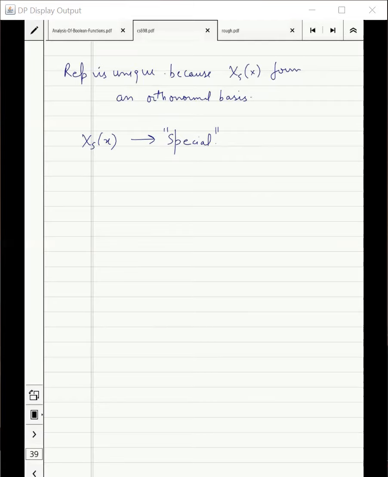Just the last thing I want to talk about today, this is the main takeaway. The last notation is the degree of a function. What do you guess should be the degree of a function? It should be the degree of the polynomial. What is the degree of a multilinear polynomial?